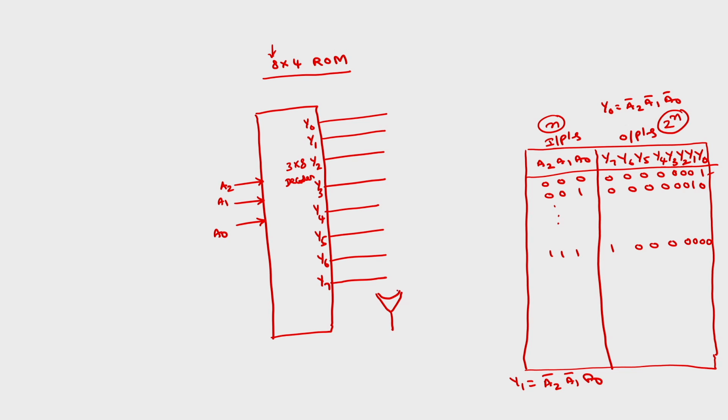So the number of OR gates will be equal to the number of bits to be stored in each location. Here we have 8 by 4, meaning 4 OR gates will be there. So in each location I want 4 data lines. I will call these D3, D2, D1, D0.